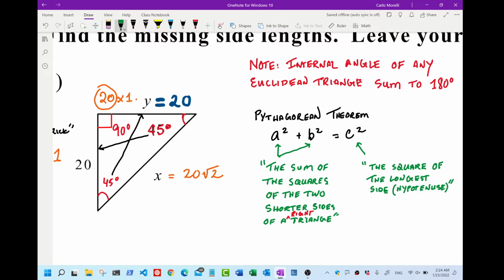So the sum of the squares of the two shorter sides equals the square of the longest side. Okay, that's the Pythagorean theorem in a way that is actually useful for us here.